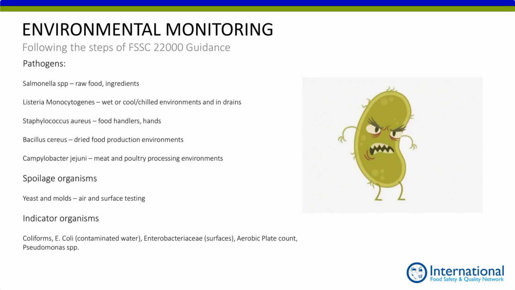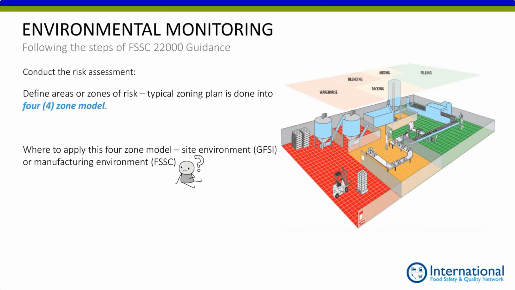And then you have coliforms, you have Escherichia coli, then you have enterobacteria from surfaces, or total plate count or aerobic plate count, etc. So these are just the list of microorganisms that can happen in your facility, and you have to think about them in a way, where are the surfaces where these microorganisms can happen?